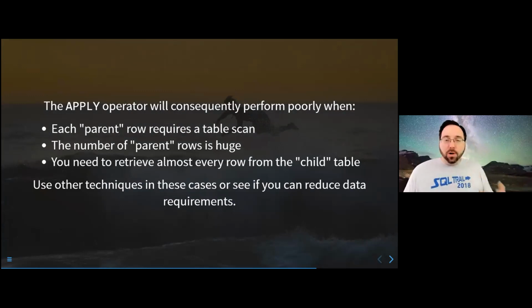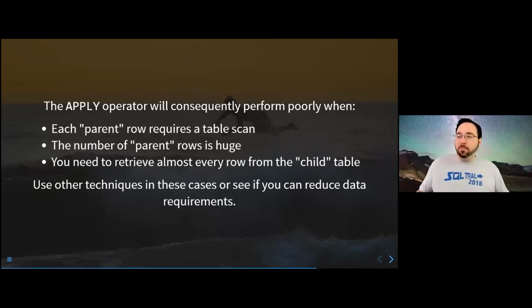So we want to watch out for that. We want to force into seeks, into very small point lookups, as opposed to broader based scans. If we have an enormous number of parent rows, or we need to get almost the entirety of the child rows, at that point, it's usually better just to take the hit and perform a scan.